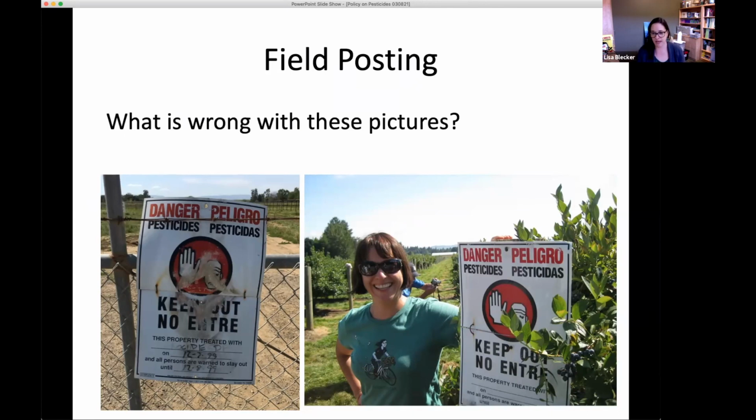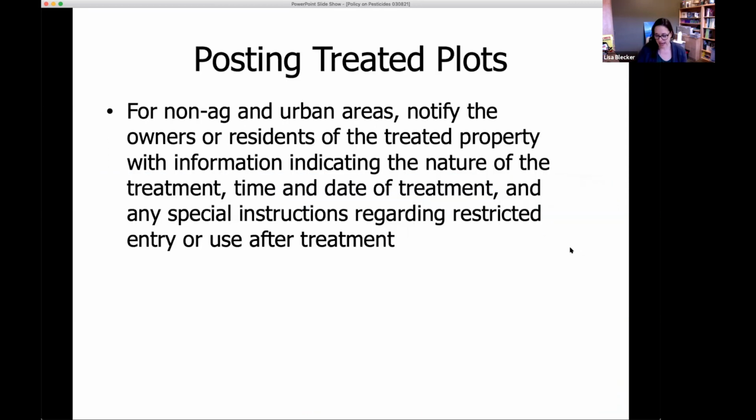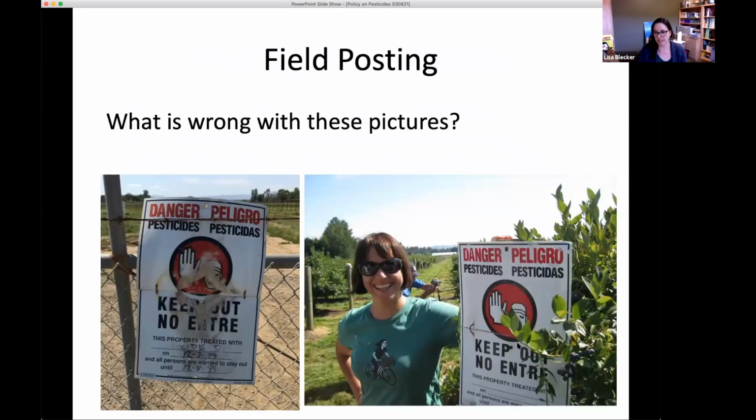We are never allowed to make an employee enter a field where any of these field posting signs are, okay? Because the rule is don't go in there when the sign is posted. So then if you tell them, oh, this time it's fine, then they don't know when it's okay and when it's not, and they can't actually make a good decision on how to protect themselves, which is to say that you can't just leave the REI signs up.